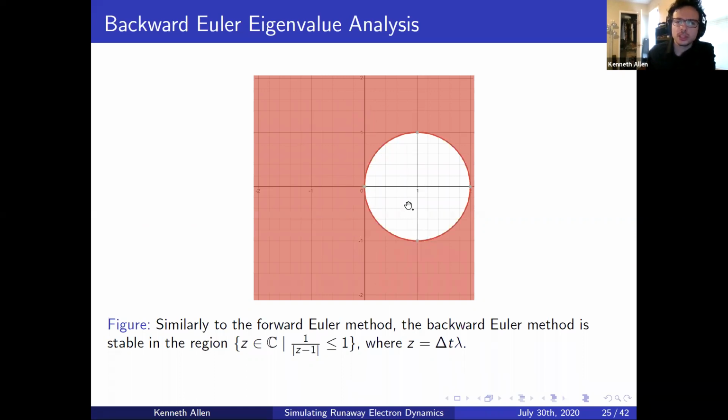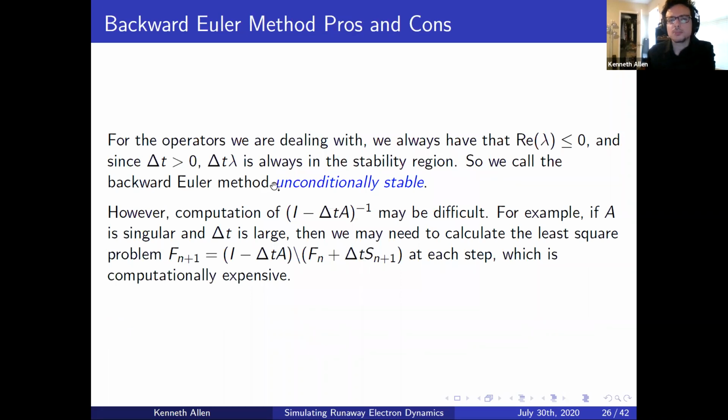The only region where there's instability is in the circle. And since the operators we're dealing with all have eigenvalues with negative real component, the backward Euler method is always stable in this case. Since it is always stable, we call it an unconditionally stable method.